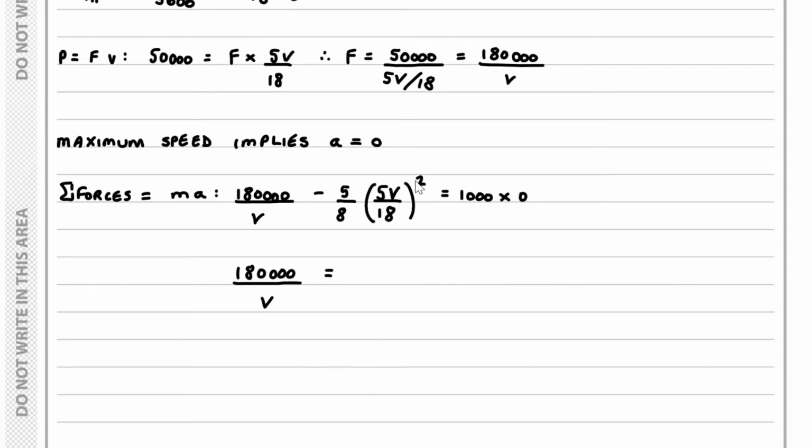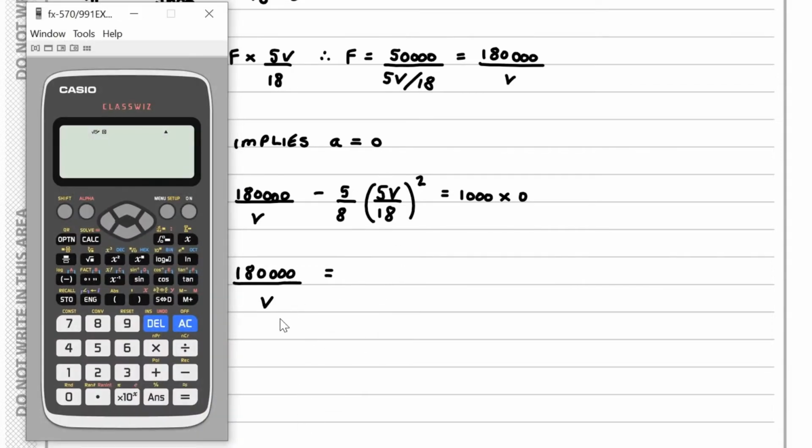This is equal to, if we take this over to the other side, well, here we've got 5 over 18 squared times by 5 over 8, which is 125, then we've got the v squared, over 2592. So now we need to rearrange for v.